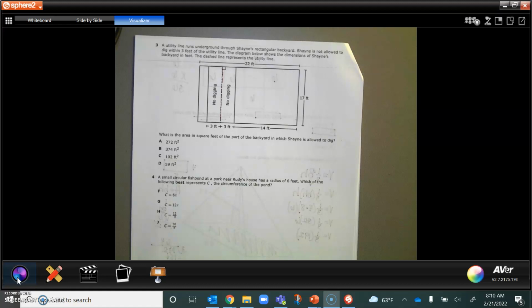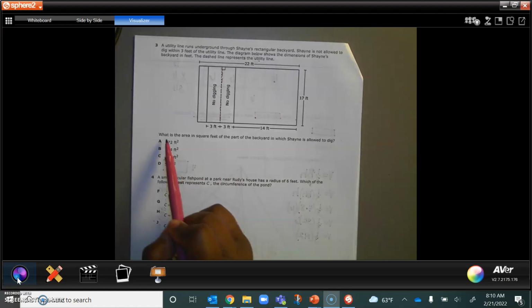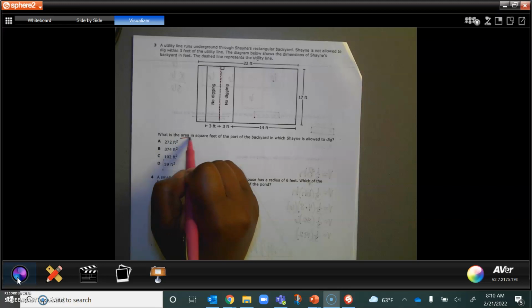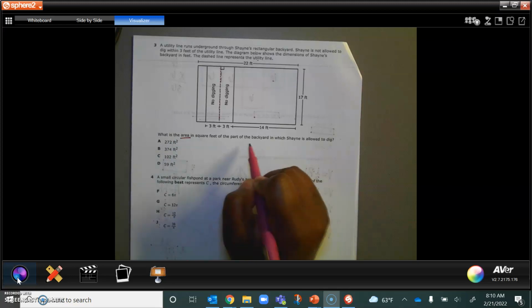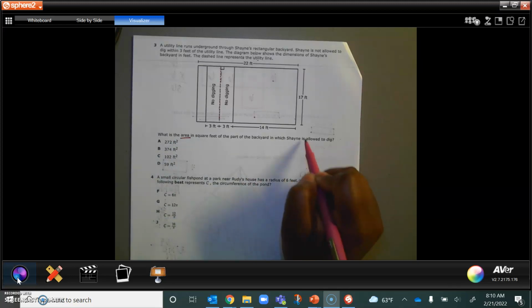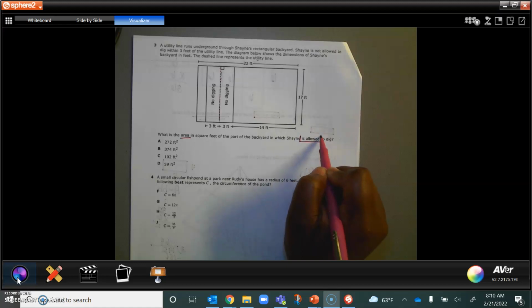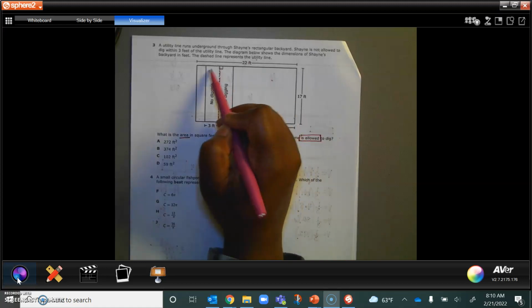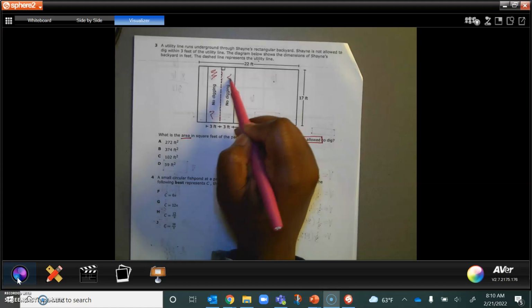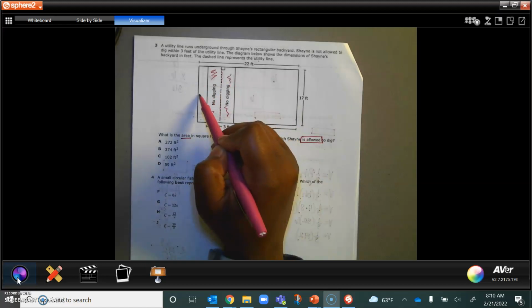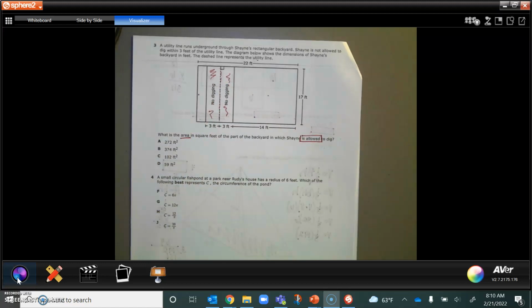It says, what is the area in square feet of the part of the backyard in which Shane is allowed to dig? So I know he's not allowed to dig here, but he is allowed to dig here and here. This reminds me of area of the shaded region. So I have 2 rectangles here.